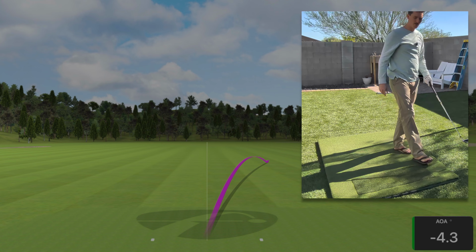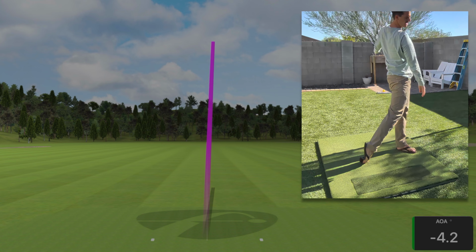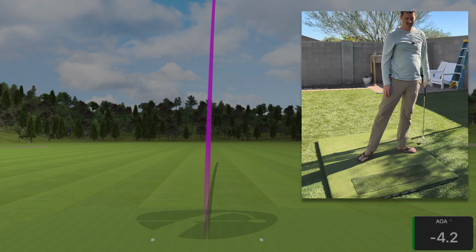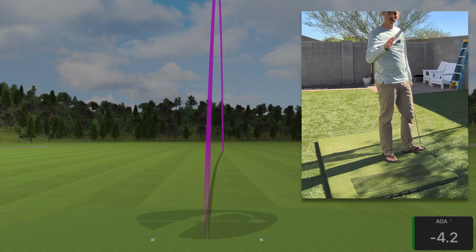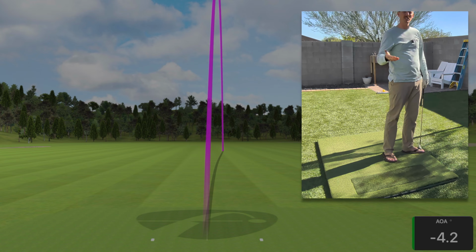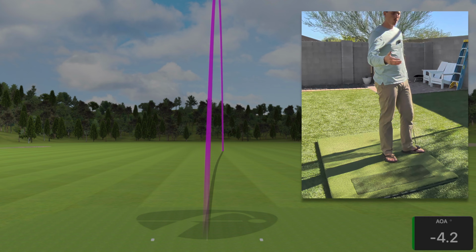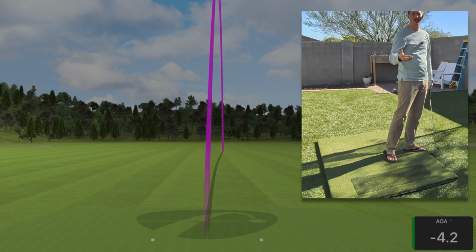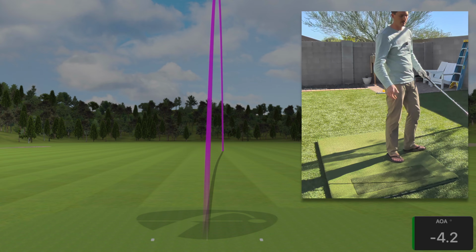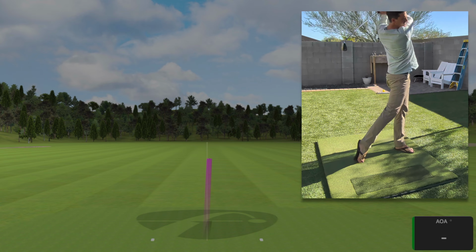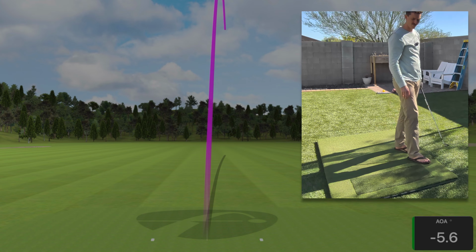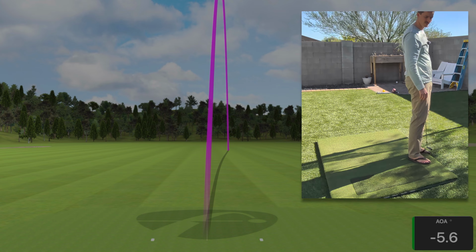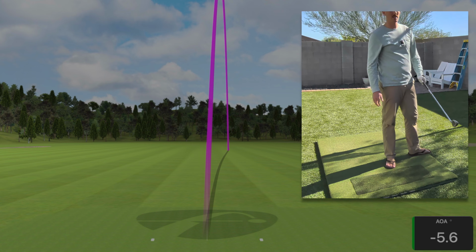Why can't I hit a pitching wedge? Okay, negative 4.2. I think that's pretty good. Although double check on Google. Do some research to figure out what each club should be around for angle of attack. And that will affect the spin of the ball.